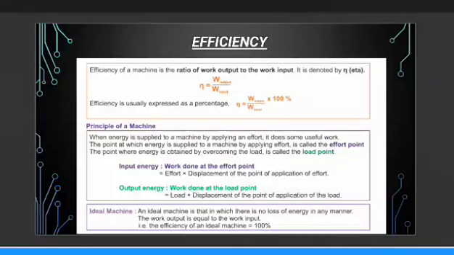What is the other name of energy? You will say work. So input energy means input work. Input is nothing but your effort. Work formula we studied is force into displacement. So it is effort into displacement of effort arm, and output is always the load. So output work is load into displacement of load arm.